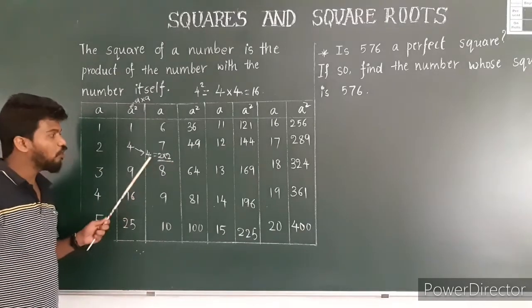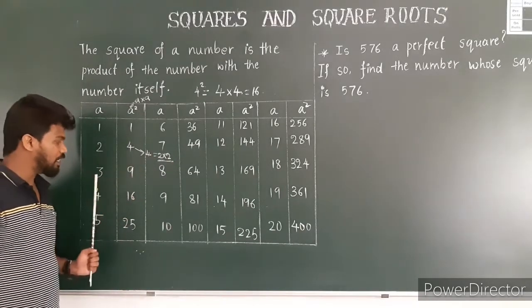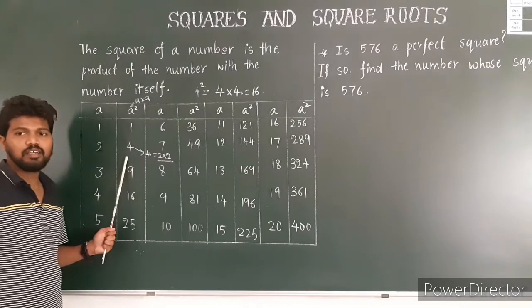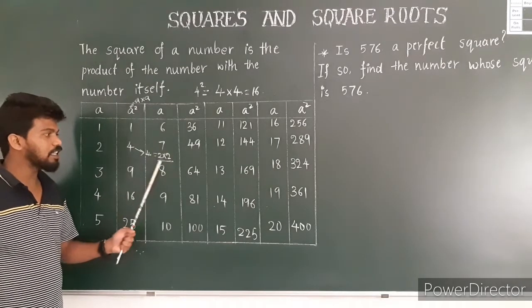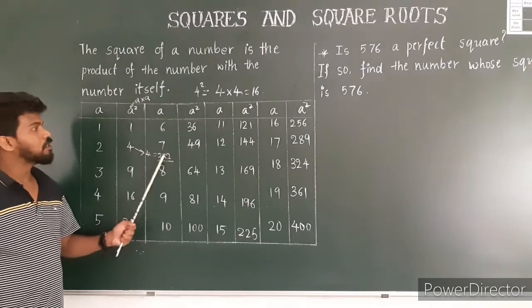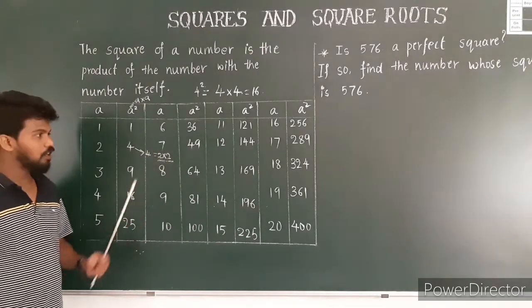Therefore 4 is a perfect square. 3 is not a perfect square, since 3 cannot be written as a product of the same factor.